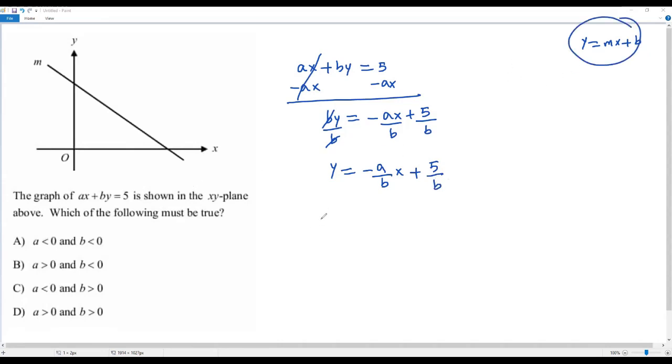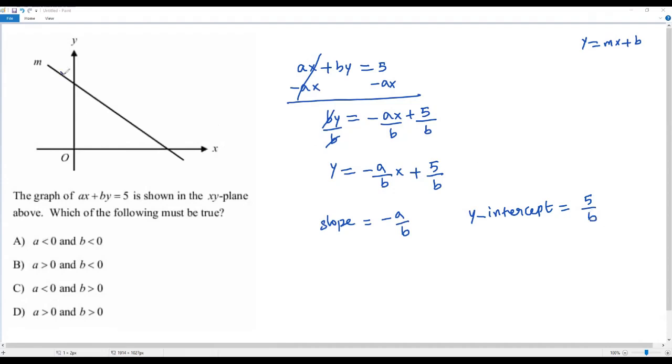In place of m, we have negative a over b, that is the slope. In place of b, we have 5 over b, that is the y-intercept. So the slope of the given line equals negative a over b, and the y-intercept equals 5 over b.